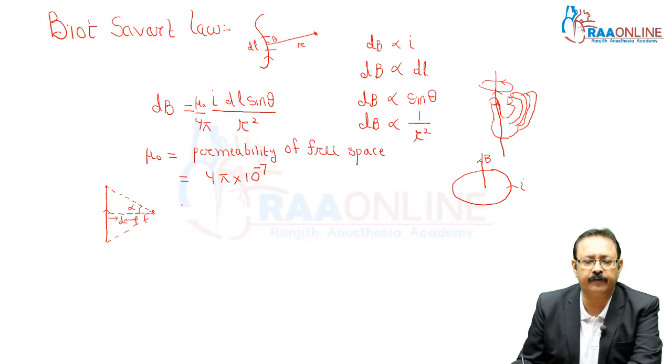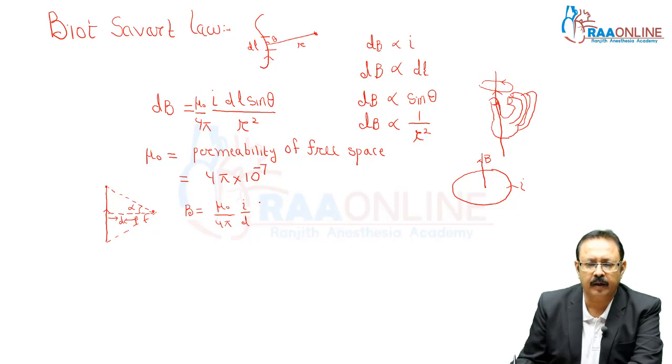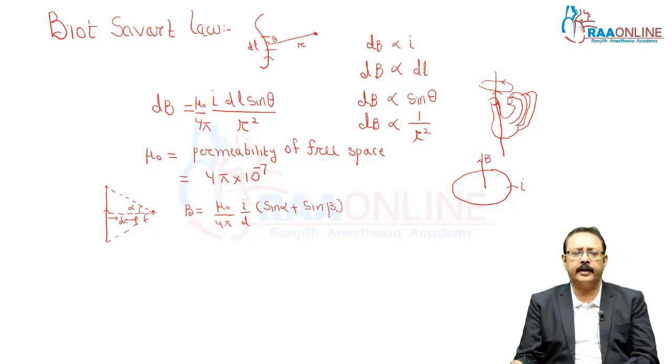You will get magnetic field at this point as mu naught upon 4 pi, I upon d, into sin alpha plus sin beta. They can give you numericals based on this. They can ask the formula directly.